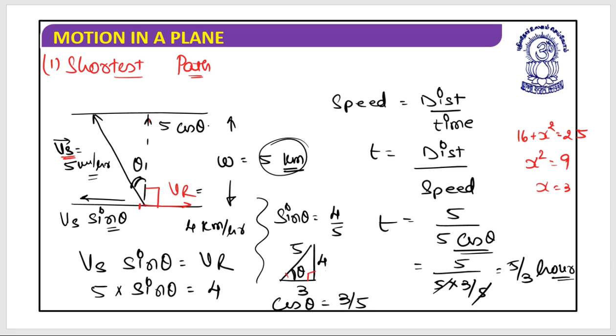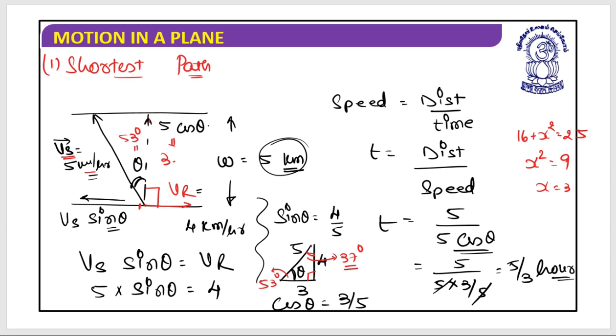This 3 and 5, we have seen the magic triangle. This is 53 degree and this is 37 degree. So this is 5 cos theta, that means this is 3, this is 5, this is 3. So this angle would be 53.